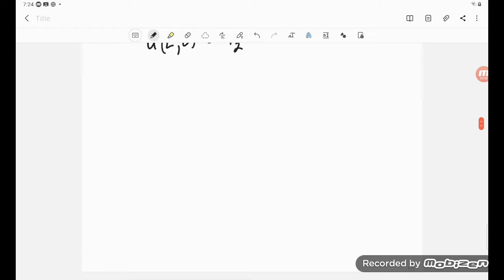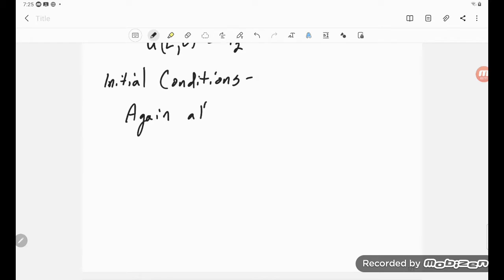Okay, so there are the boundary conditions in our case. They're pretty straightforward. Now, initial conditions. Okay, well, again, all physical problems start somewhere.